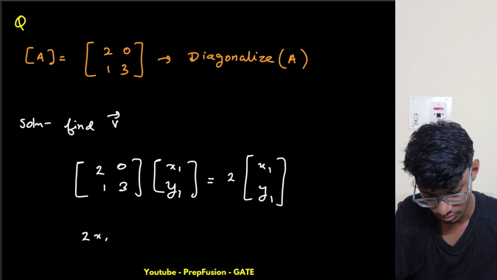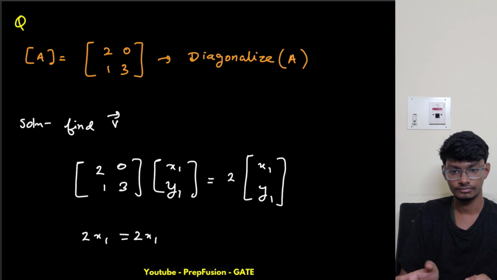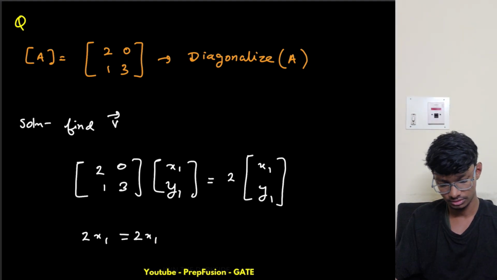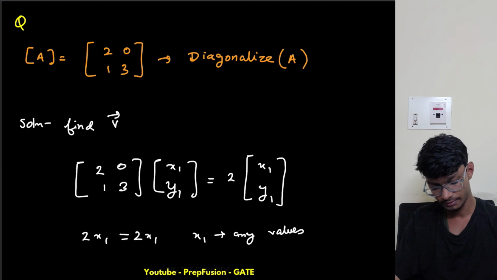So I get 2x1 plus 0 equals 2x1. So here x1 can take any value.